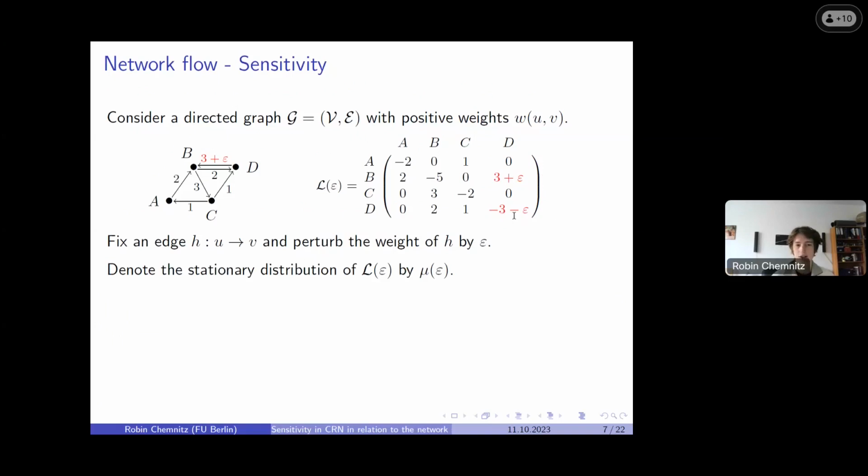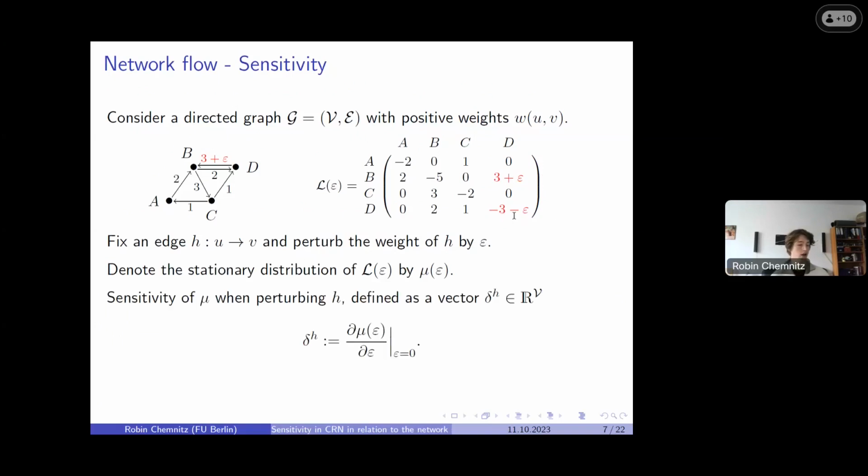Since this graph is still strongly connected, there is still a stationary distribution, which we can denote by mu epsilon. And then the sensitivity is, we can just take the derivative of the stationary distribution with respect to epsilon at epsilon 0.